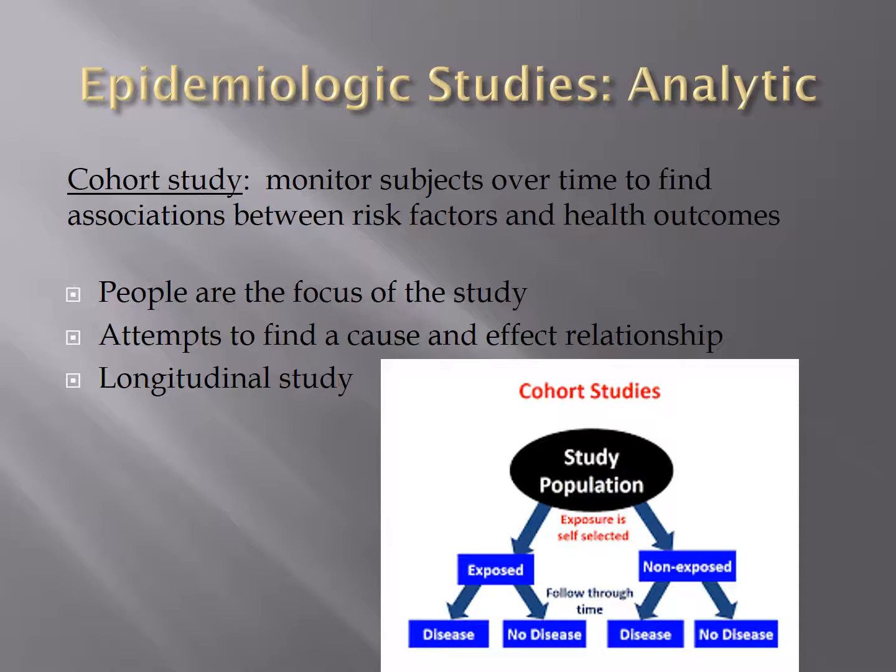The cohort study attempts to find a cause and effect relationship, whereas a cross-sectional study is better at finding relationships and not cause and effect. I hope that provides a little bit more insight. I do encourage you to read over these studies, and they start on page 139 of your Harkness and DeMarco text.